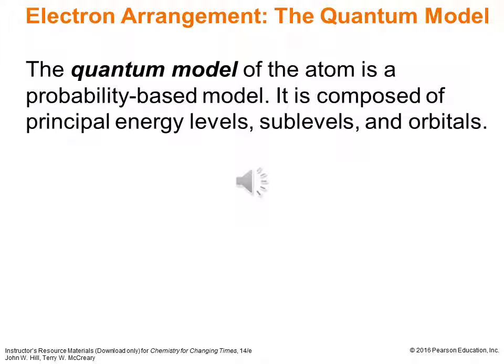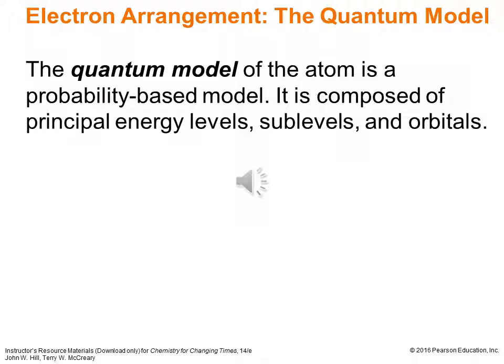Instead, it's orbitals, which are regions of probability of finding electrons. So 95% of the time, for instance, you might find the electron in this orbital. Now the language is shifted from shells to principal energy level, and then sublevels and orbitals to describe this probability model, the quantum model of the atom. So it's much less defined.